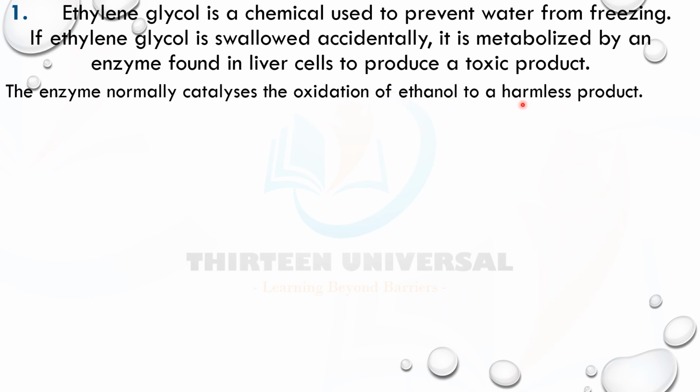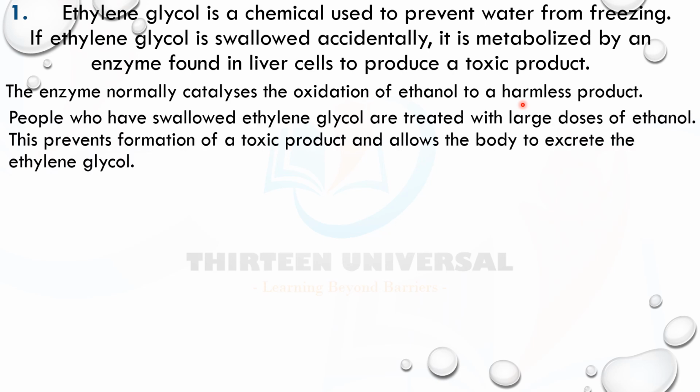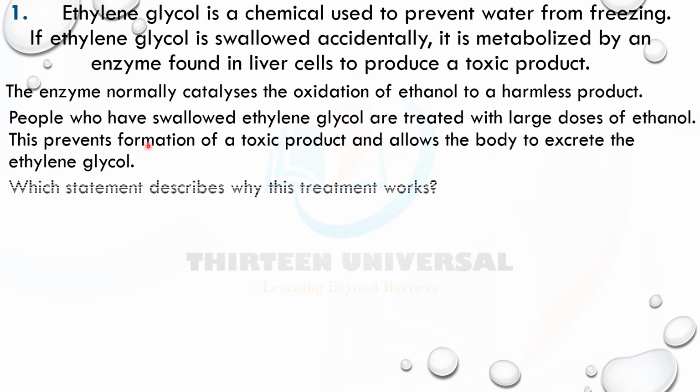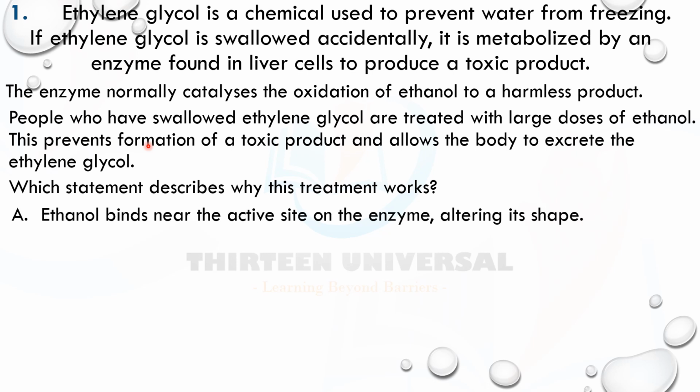People who have swallowed ethylene glycol are treated with large doses of ethanol. This prevents formation of a toxic product and allows the body to excrete ethylene glycol. So which statement describes why this treatment works?